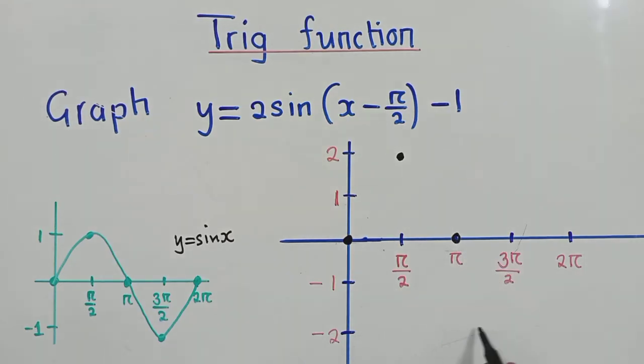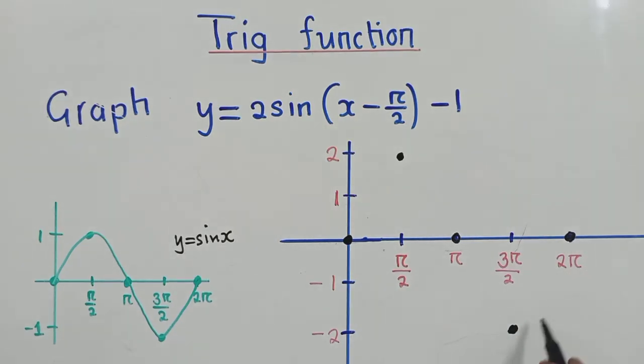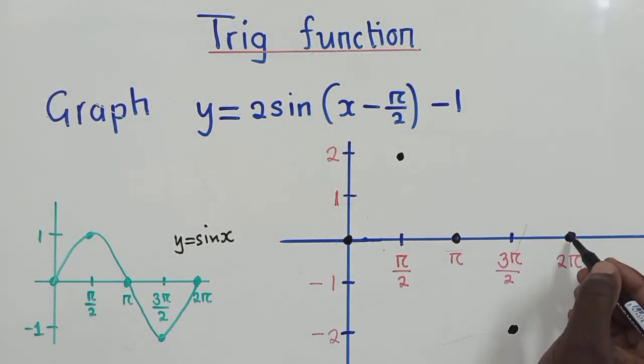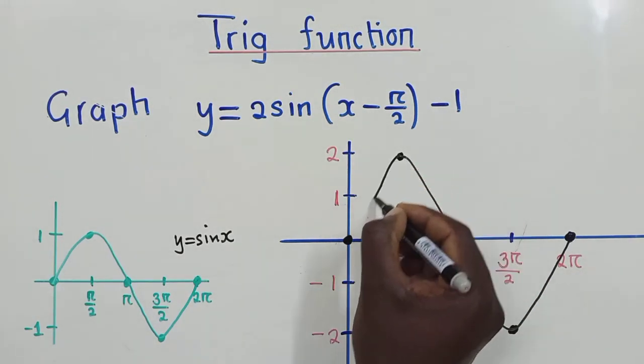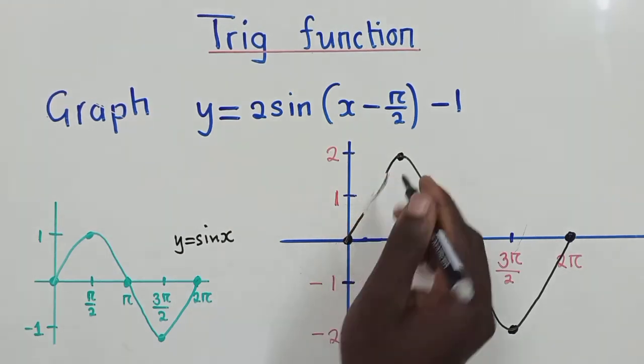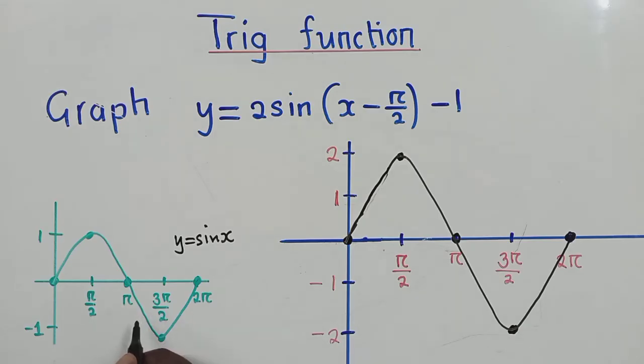Our next point will be 3 pi over 2, comma negative 2, which is over here. Lastly, we have 2 pi, comma 0, which is over here. So when you join nicely, you find that this graph, what you've just done now, looks like this.